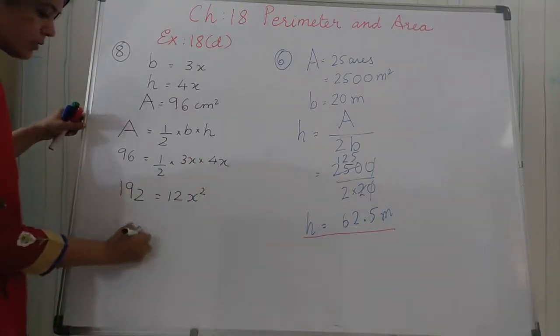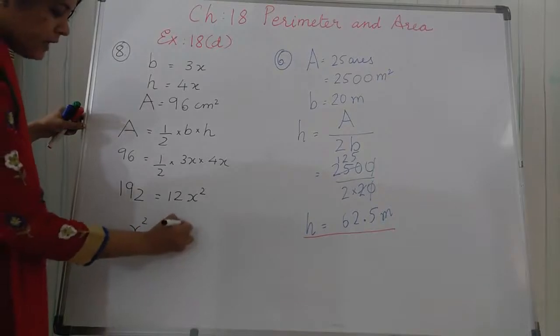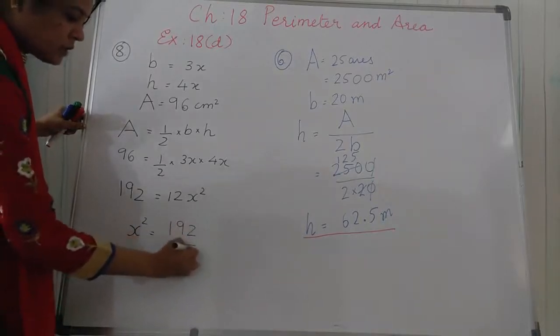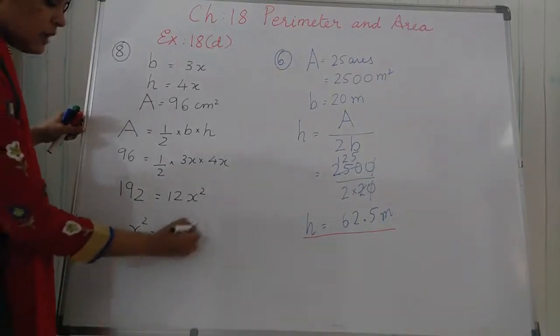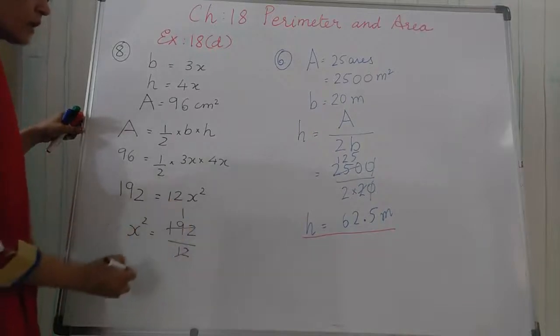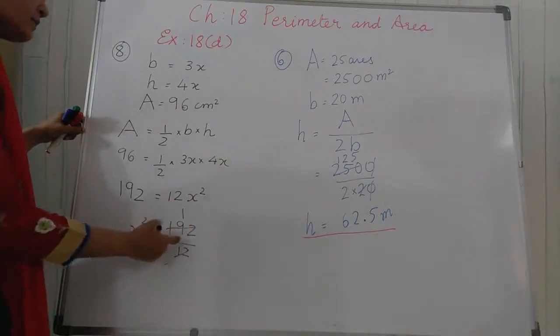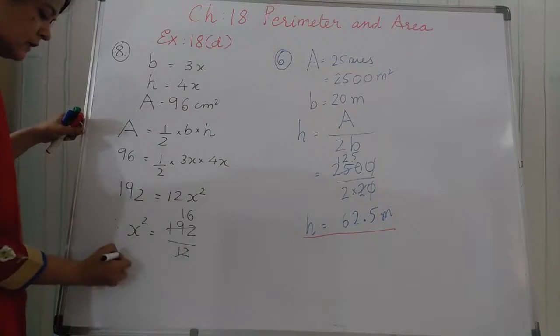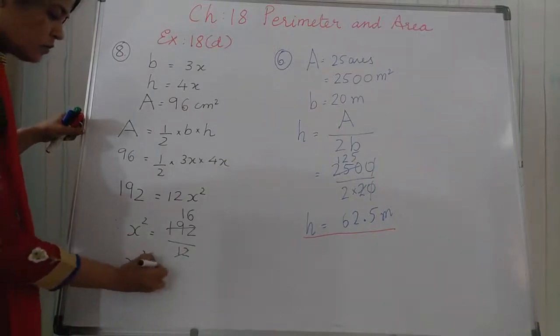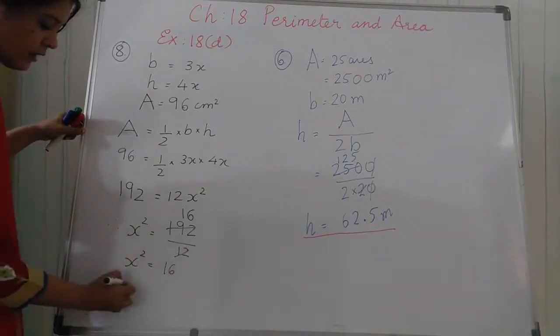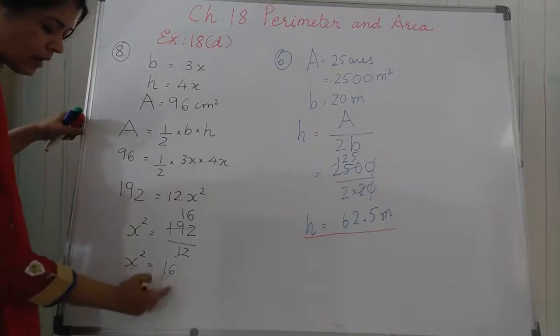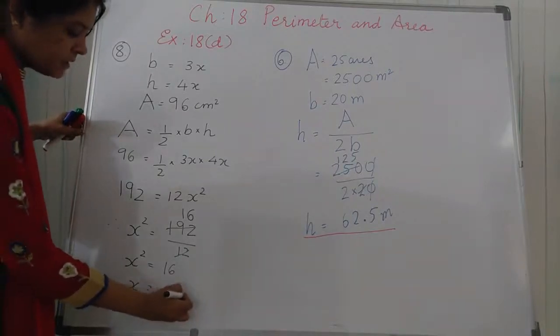Now to get the x square value, I will take 192 divided by 12. So 12 1s are 12, here 7 remains, 12 6s are 72. So x square is equal to 16. Therefore, the x value by taking square root, I get 4 centimeter.